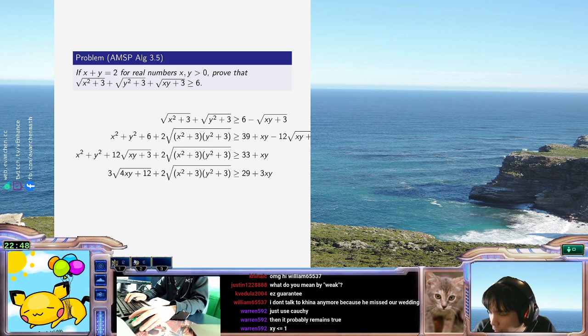Wait, actually, so, okay, xy is the small... xy is bounded above by 1.